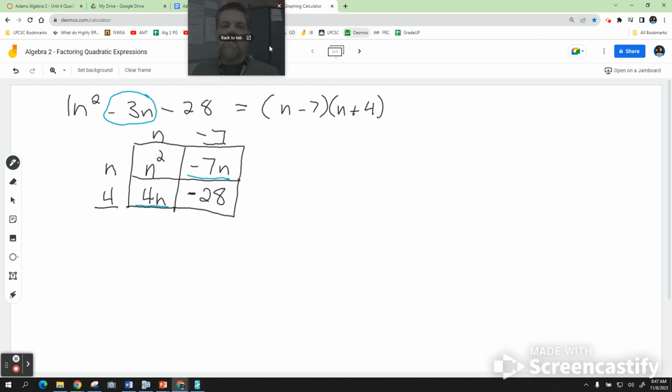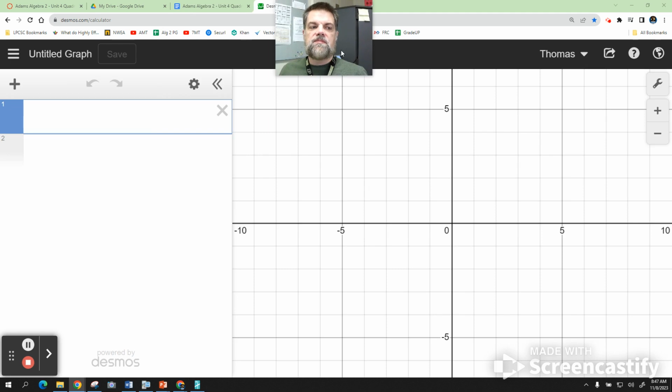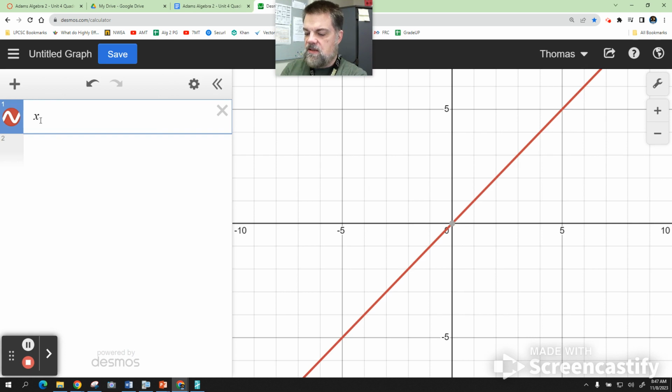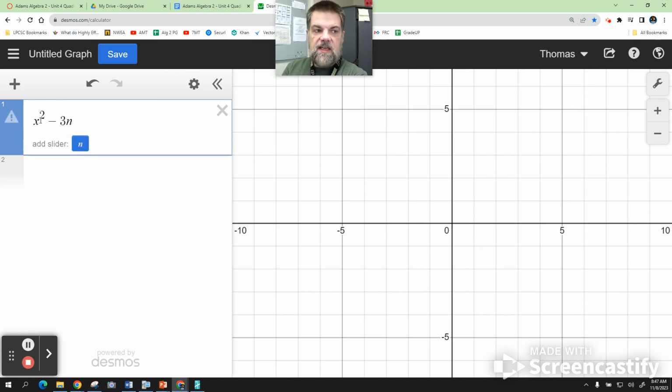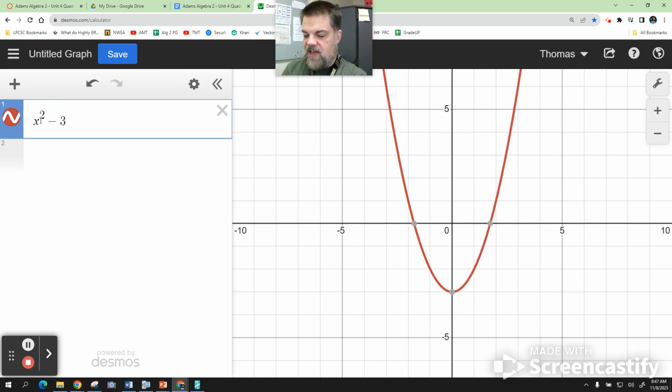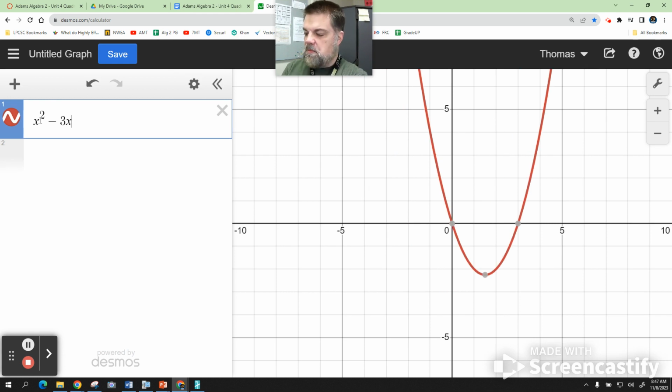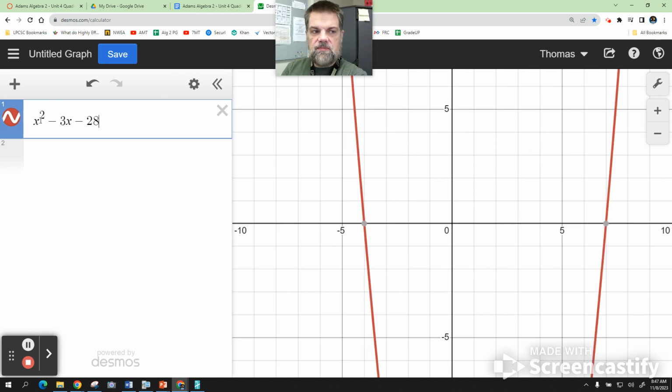Desmos. So open up a tab on your Chromebooks, and we're going to type in, now we can't do n, we have to do x. So I'm going to say x squared minus 3x, not n, it's got to be x, minus 28. And then we graph the factored form.